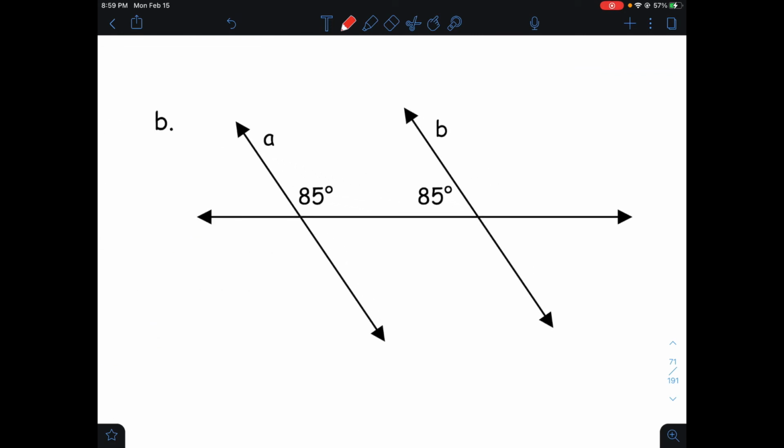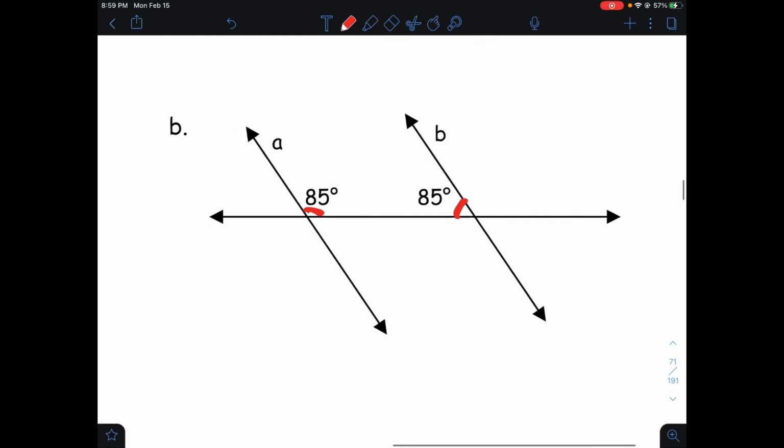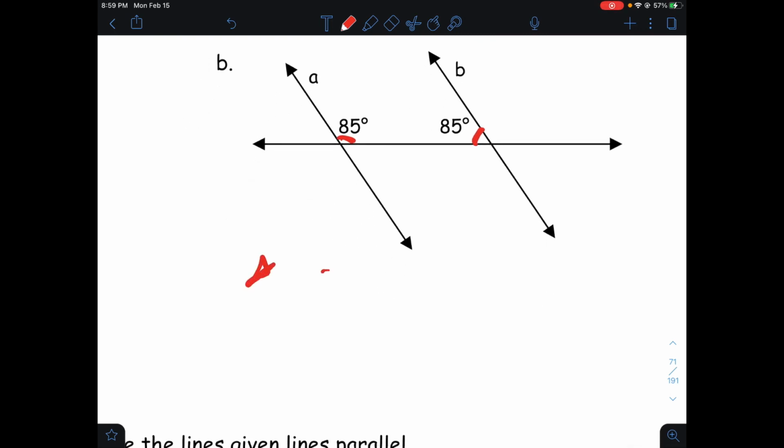All right, let's take a look at B. So we want to know if these are parallel. First off, what kind of angles do we have going on here? So you should get same side interior. All right, same side interior are supposed to be supplementary. Are these angles supplementary?